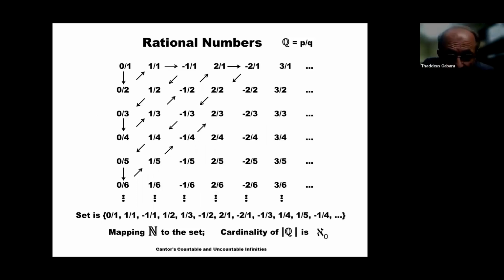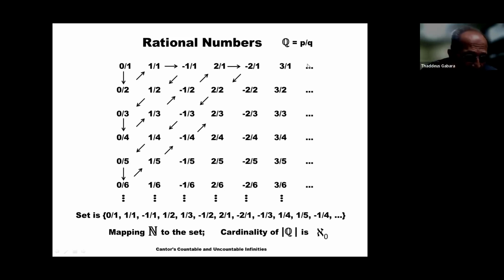So how do we count all of those rational numbers? Well, we'll form a row. In the first row, remember, I'm going to put all of the integers along that line. So remember, I had 0, 1, -1, 2, -2, 3, -3.